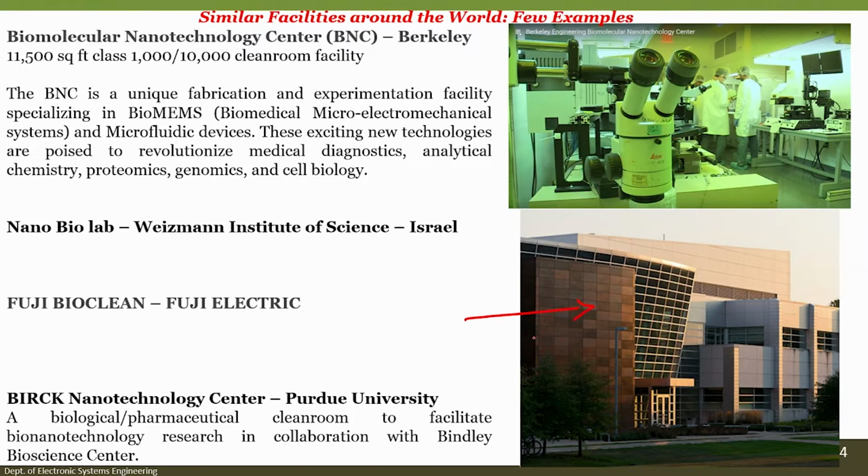All right, so it's a world-class facility that we have. The point of showing you this slide is also to make sure that the same things we have at the Indian Institute of Science. If you go to the IISc website and look at clean room facilities, you will see the similar kind of facilities we have, everything under one roof.